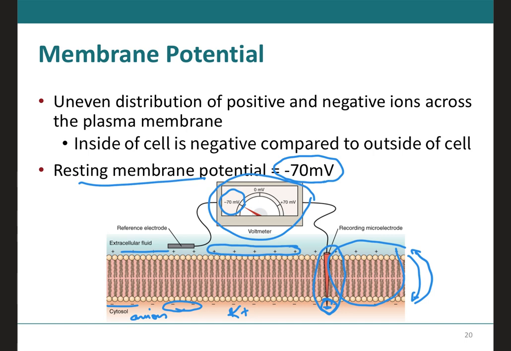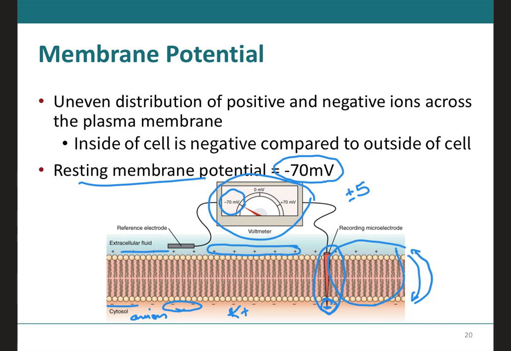Of course, this exact value is measured over here using this device, but minus 70 is most commonly used as a value, but it definitely can vary between plus 5 and minus 5 millivolts. So that would still be considered a resting membrane potential.